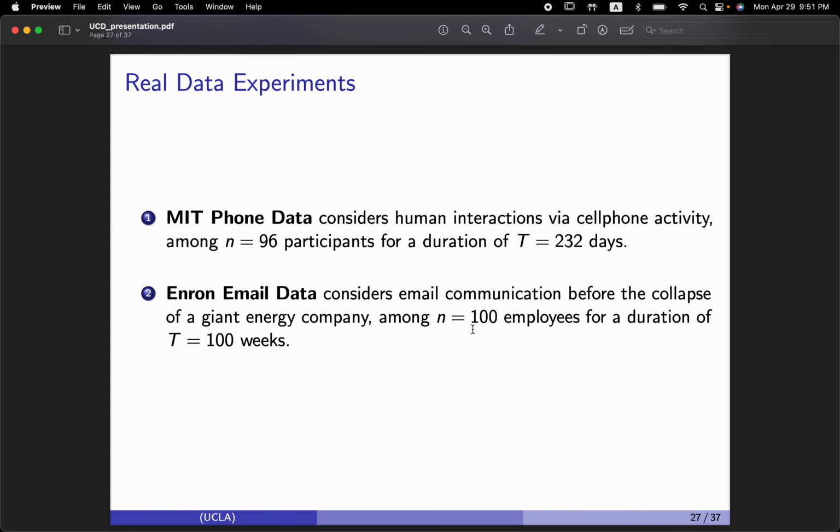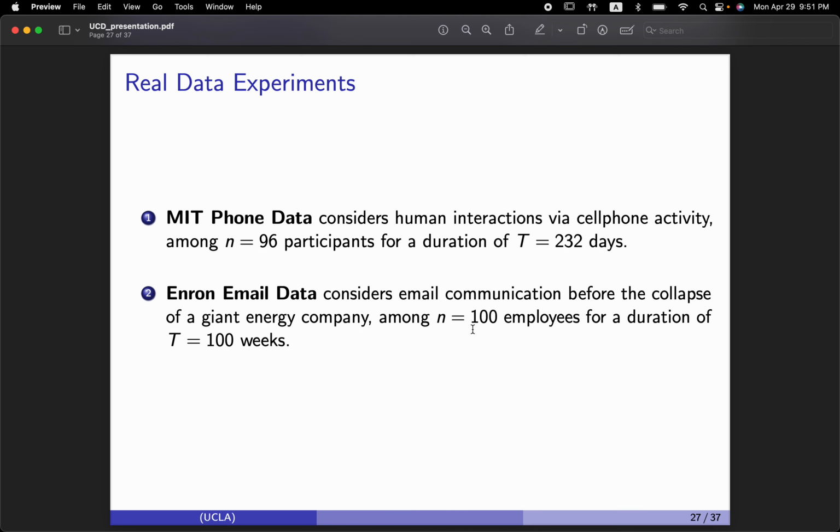Okay, so finally we are going to use two real datasets to illustrate our proposed framework and to show that generative models can be helpful for change point detection. So we're going to evaluate our proposed framework with the two following datasets.